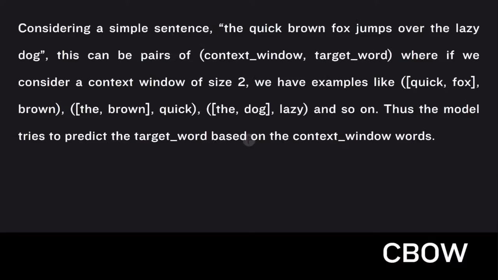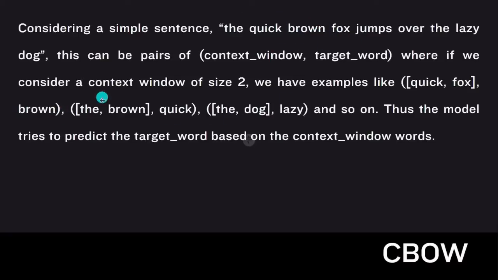Consider a simple example with a simple sentence here. The quick brown fox jumps over the lazy dog. You have to create a context window and the target word. Maybe go with a size of 2. First let us see the context window, which is quick and fox. So we have quick here and fox here. The target here is going to be the middle word, which is brown.